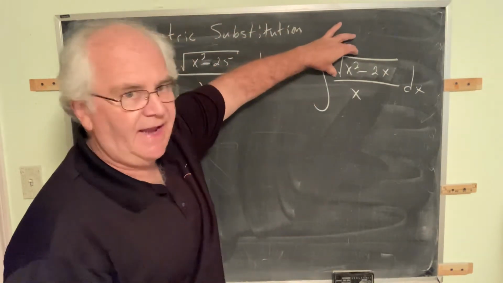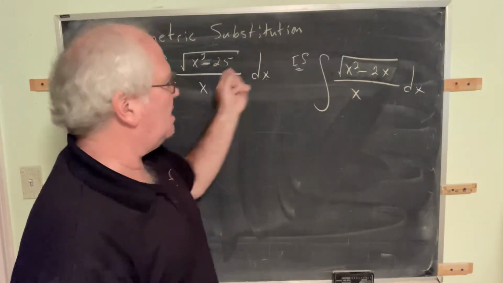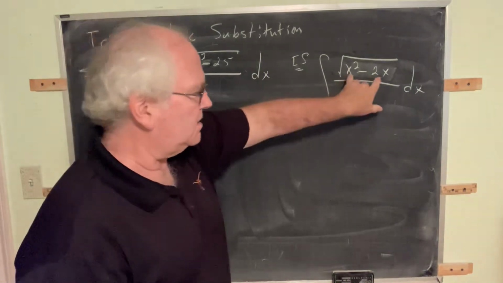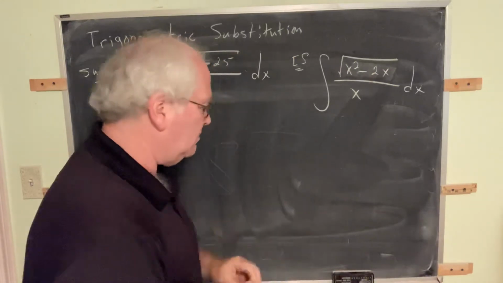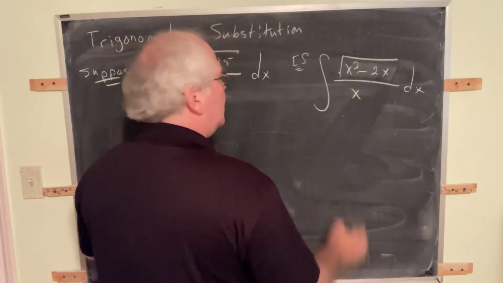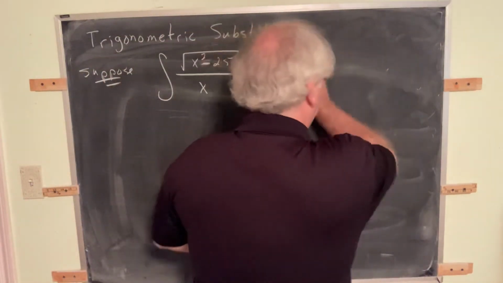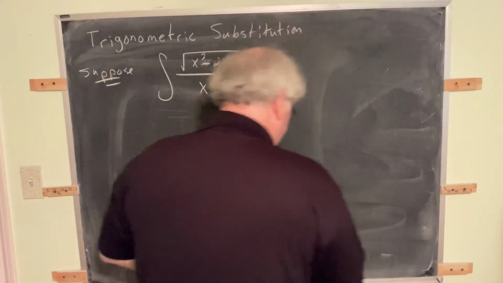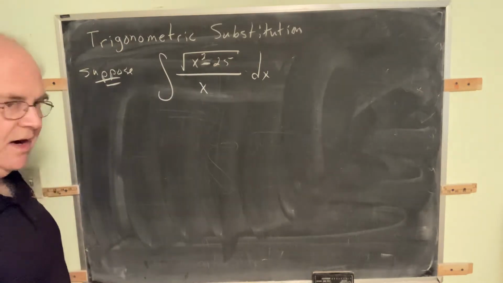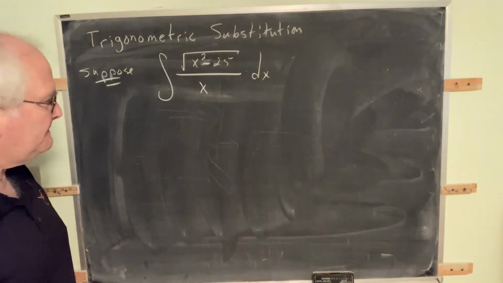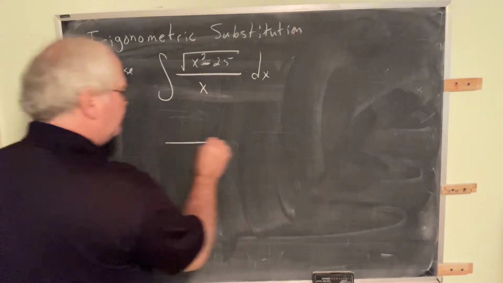As it currently stands, this is not a trigonometric substitution. It turns out we can do something to this and force it to become one, but we'll push that down the road for now. So what we're looking at now, the scenario we're identifying, is square root of either the sum or difference of squares. All right?